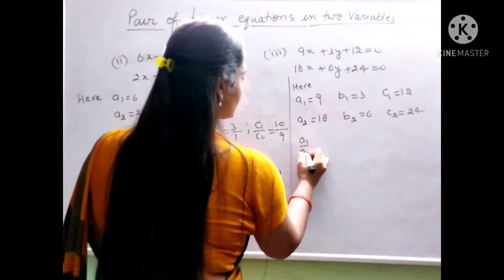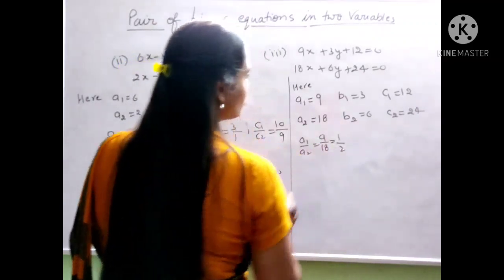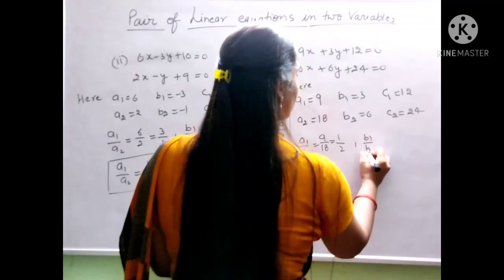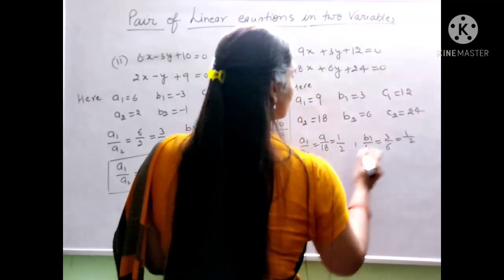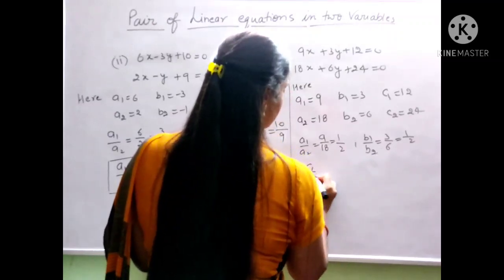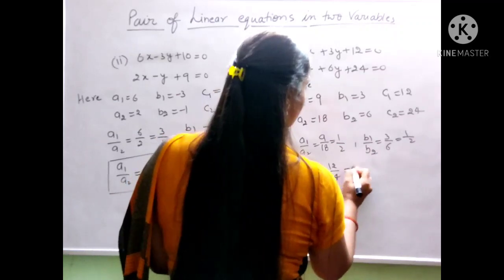Now we have to find the ratio. 9 upon 18, 1 upon 2, and b1 upon b2, 3 upon 6, we will get 1 upon 2, and c1 upon c2, 12 upon 24.